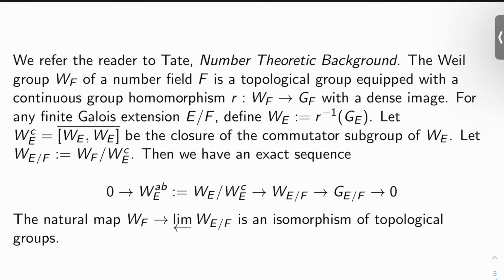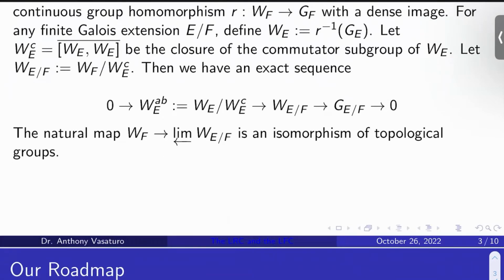It's easy to remember all this if you just remember that there's an exact sequence from 0 to the abelianization of W_E, which is W_E mod W_E^c, to W_{E/F}, to G_{E/F} to 0, where G_{E/F} is the Galois group of E over F. And of course, the natural map from the Weil group of F to the inverse limit of all the W_{E/F}'s, where the inverse limit is over the Galois extensions E of F, is an isomorphism of topological groups, as you might have expected.